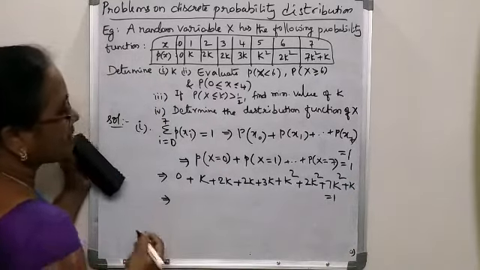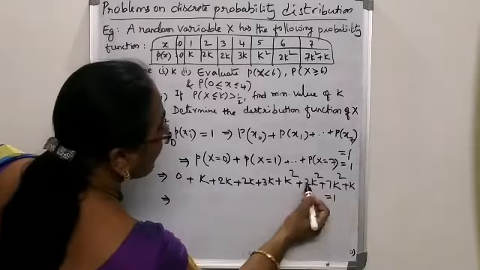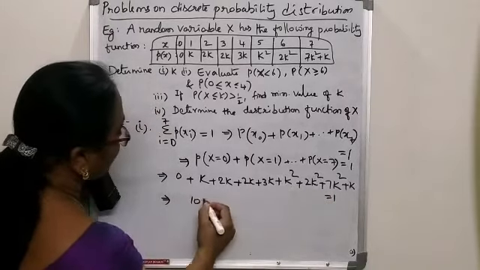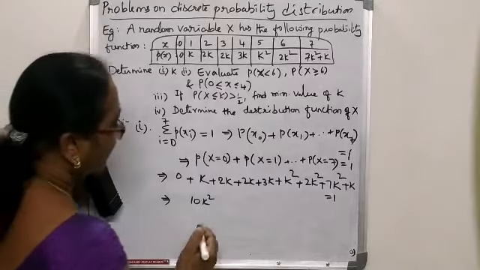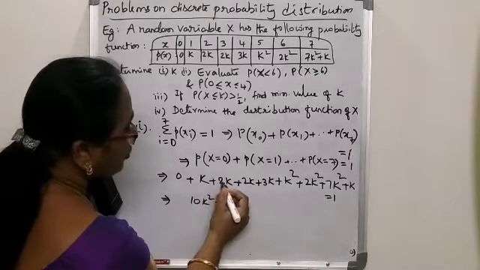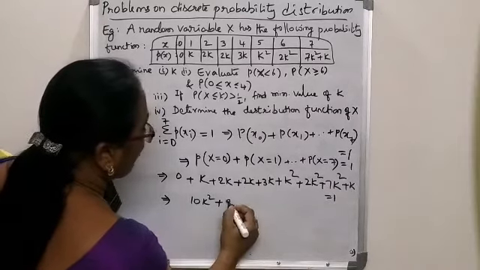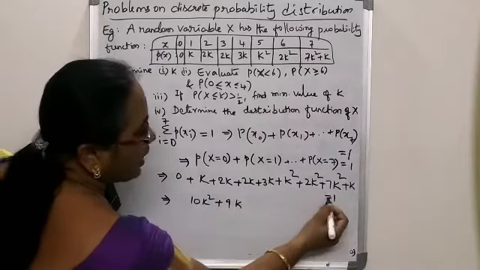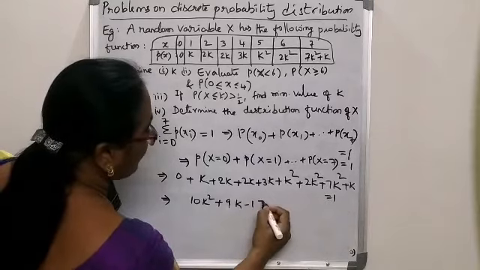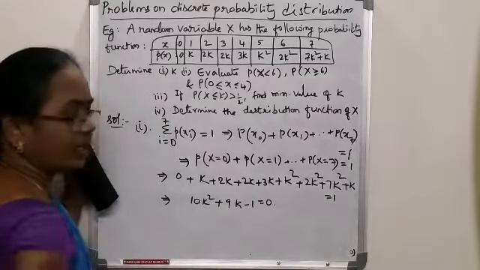When we simplify this, we have 7 plus 2 plus 1, 10 into k square, plus 1, 2, 3, 2, 5, 3, 8, 8 plus 1, we have 9 times k, minus 1 is equal to 0. This is a quadratic equation.